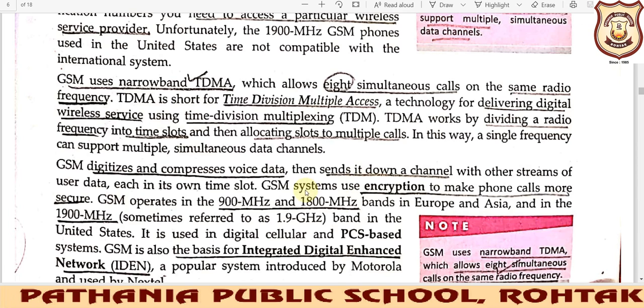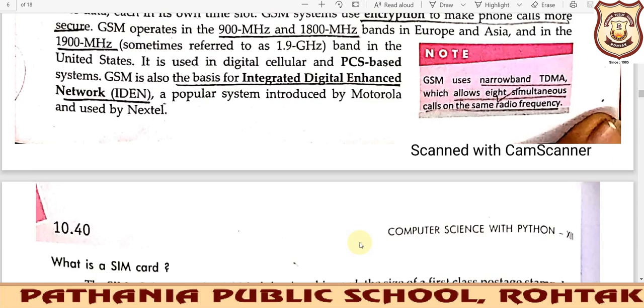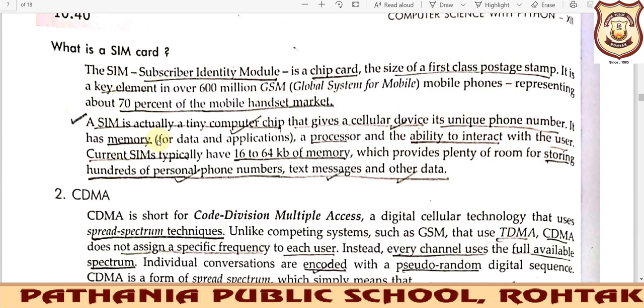GSM systems use encryption, and this encryption makes the data secure. GSM operates from 900 megahertz to 1800 megahertz, for Asia and Europe I'm talking about. Next, what is a SIM card? A SIM card is a subscriber identity module, which is a chip card that you can insert in your mobile phone.